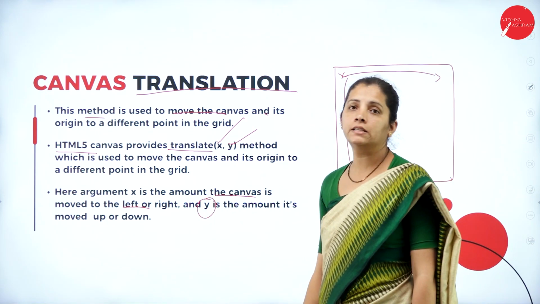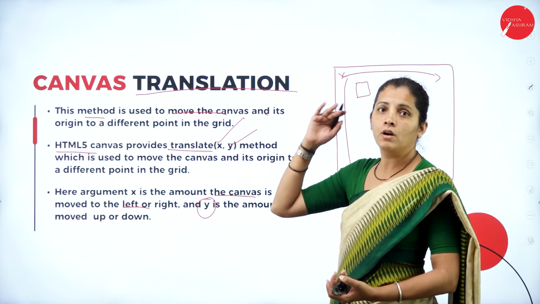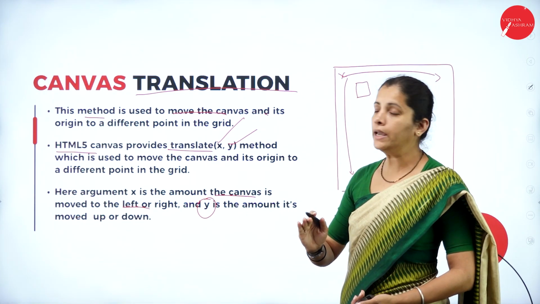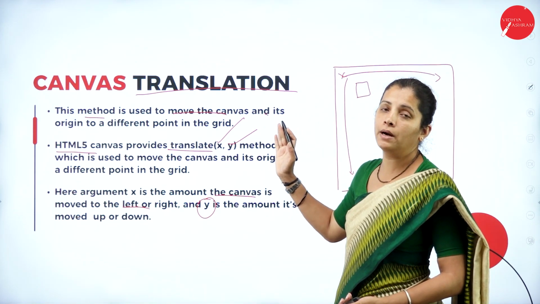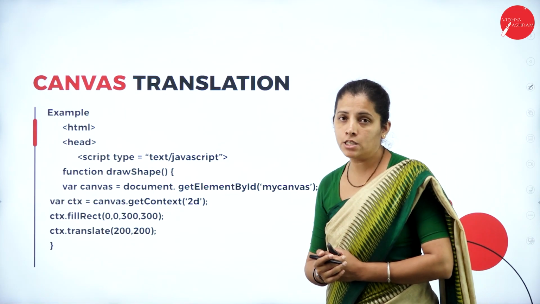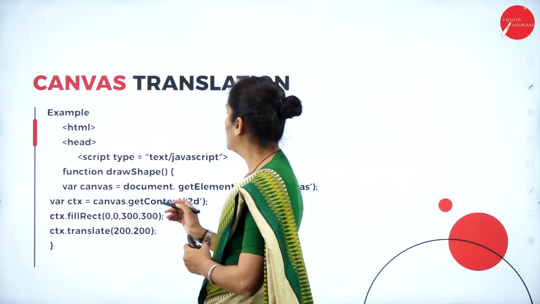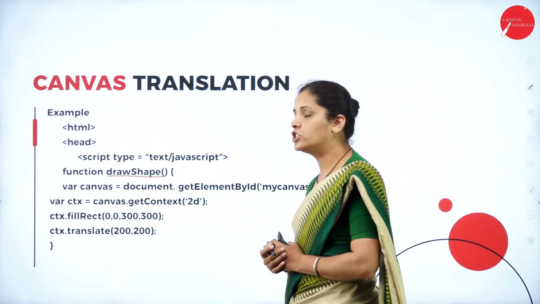Y indicates moving the canvas from up to down. X is nothing but left to right. What about y? Y is nothing but top to bottom. Now I have a small example. What is my method name? Method name is draw shape.